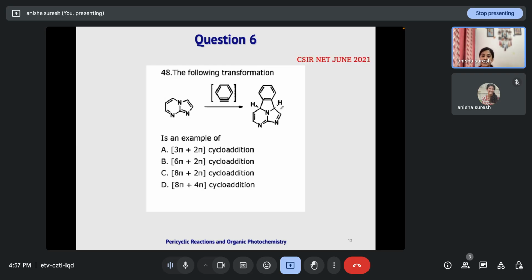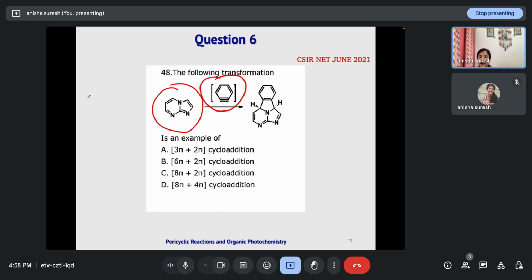The following transformation is an example of 3 pi plus 2 pi cycloaddition, 6 pi plus 2 pi cycloaddition, 8 pi plus 2 pi cycloaddition, or 8 pi plus 4 pi cycloaddition. These are the two starting materials that will react to give the final product. This was a question asked in CSIR NET June 2021.